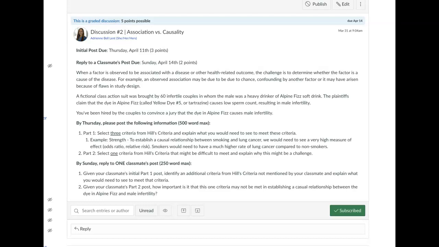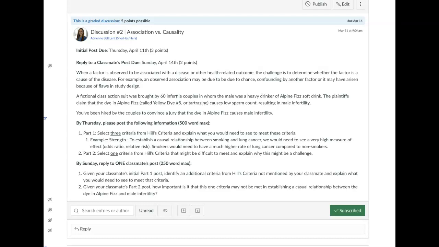So for your initial post, you need to select 3 criteria from Hill's criteria and explain what you would need to see to meet those criteria. So we've got an example here. Let's say that I'm not looking at this scenario. Let's say that I'm thinking about establishing a causal relationship between smoking and lung cancer.